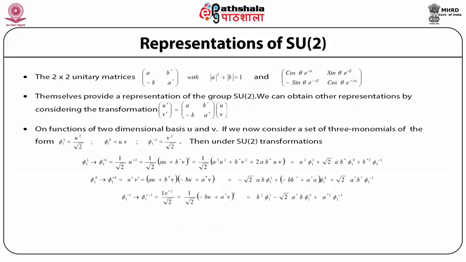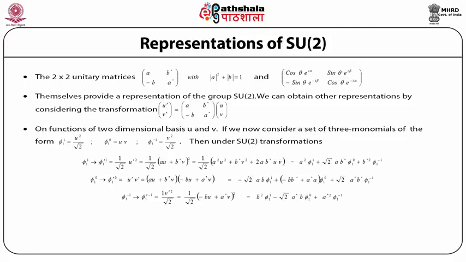Likewise, phi 1 0 goes to phi 1 0 prime, which is equal to u prime v prime, and using the transformed u prime v prime, this is equal to minus root 2 a b phi 1 1 plus (a star a minus b b star) phi 1 0 plus root 2 a star b star phi 1 minus 1.